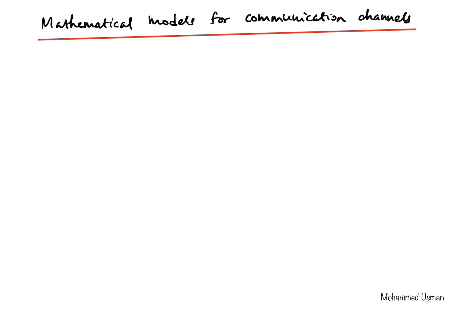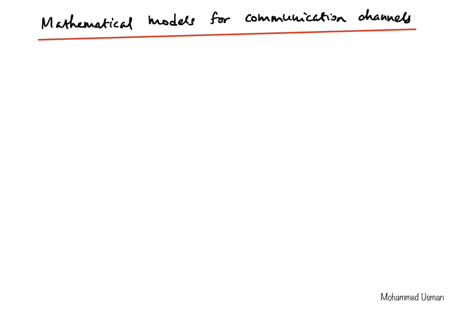Now, why do we need a mathematical model? It's because we need to characterize the channel and represent it in a mathematical way, because there are many effects happening on the channel, like attenuation and the addition of noise, multipath propagation, and so on.